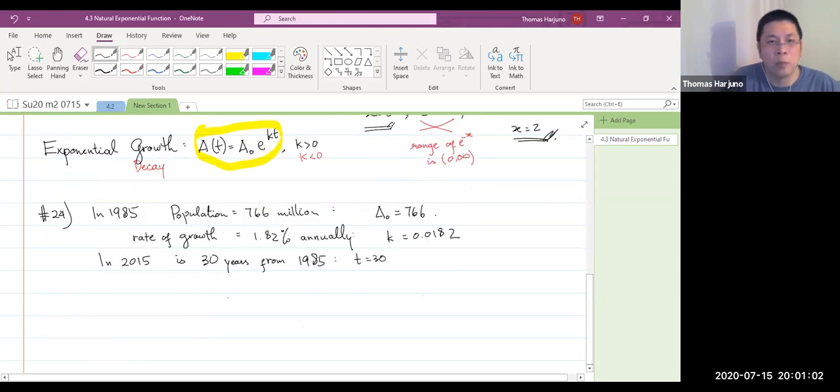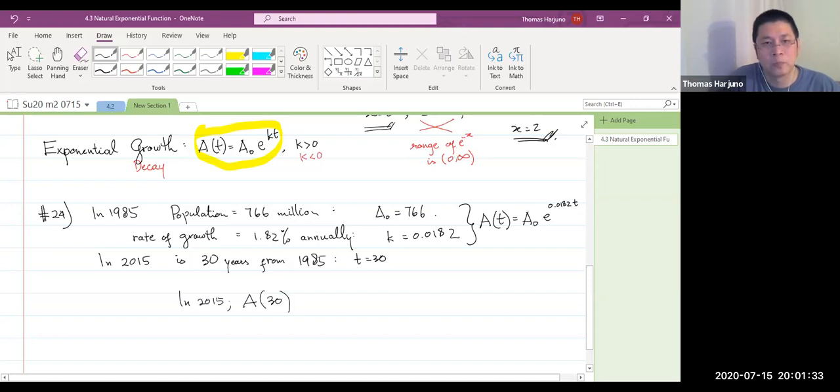Now the model gives us the amount of people, or the textbook uses N, in this case the number of people, equals the initial amount in 1985 times e to the 0.0182t. Okay, that's the formula.